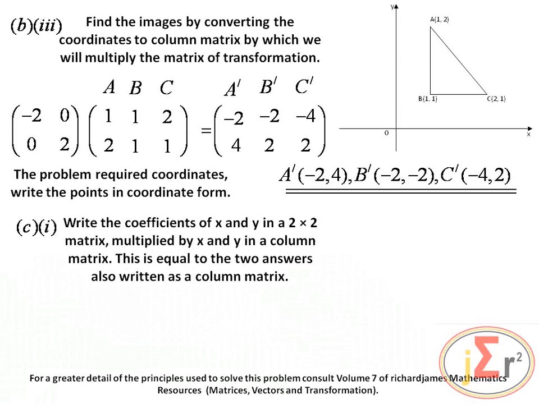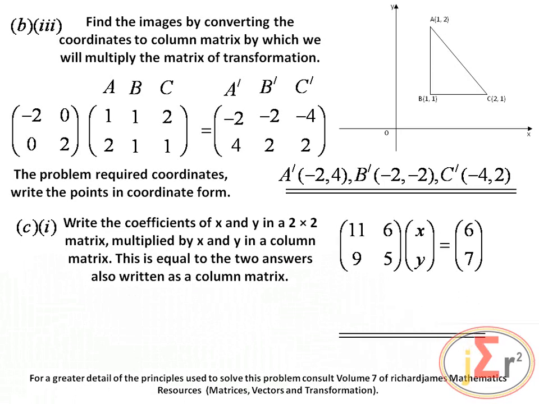The coefficients of x and y are 11, 6, 9, 5, that we are going to write in matrix form. Then we will multiply by x, y as we have it there in a column matrix, and that is also equal to the answers that we have for the two equations, and those are 6 and 7.